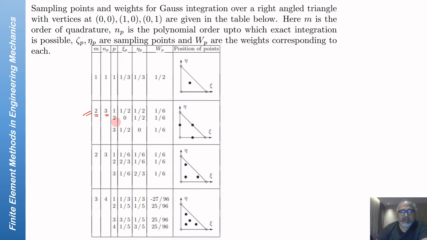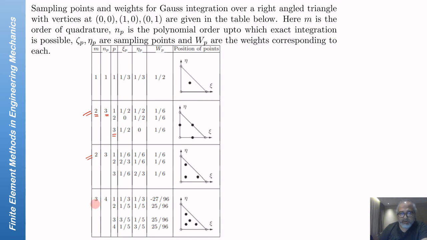It would exactly integrate polynomials of the order 3. These are the sampling points and these are their weights. Similarly, this is another set of sampling points and these are the weights. And this is also for second order Gauss quadrature, and you integrate polynomials of the order 3 exactly.